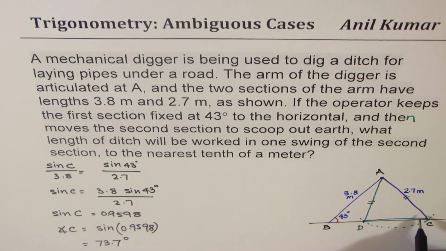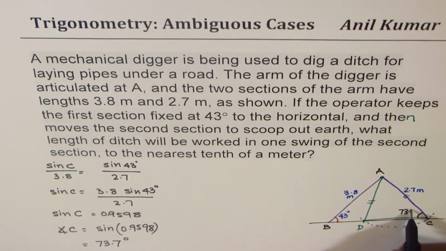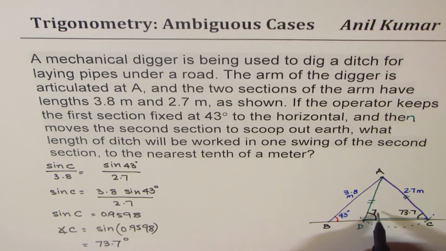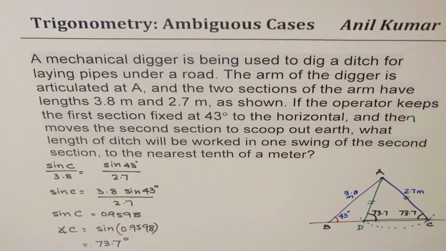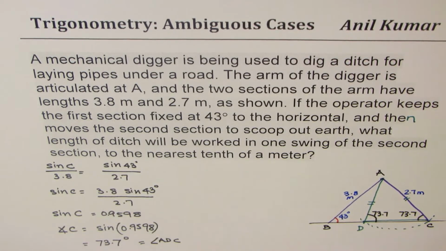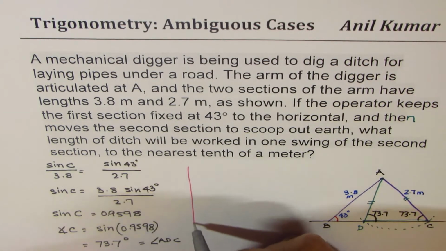We got this angle C as 73.7 degrees. Now ADC is an isosceles triangle, so this angle is also 73.7, correct? Since it is an isosceles triangle, so this is also equal to angle ADC. Perfect. With that, we can actually find angle DAC, right?